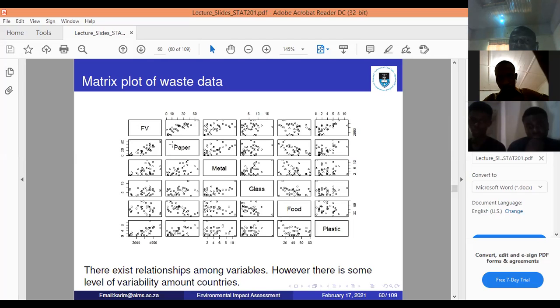So this is a positive relationship between fuel value and paper. And then you can look at the metal. We have the fuel value here and the metal here, so we are comparing this box, not this one.